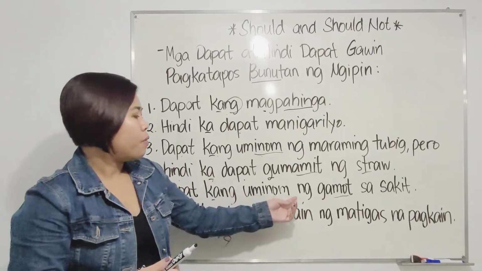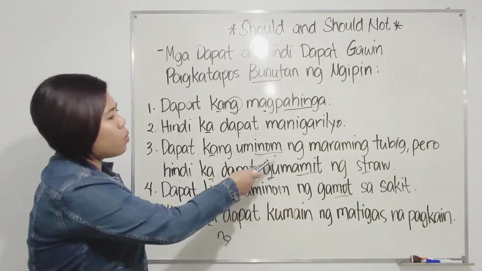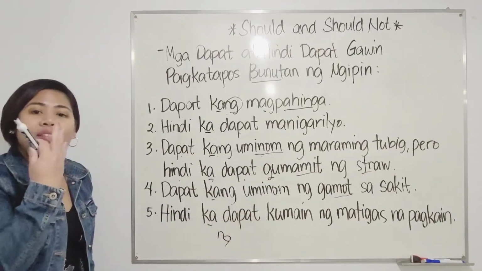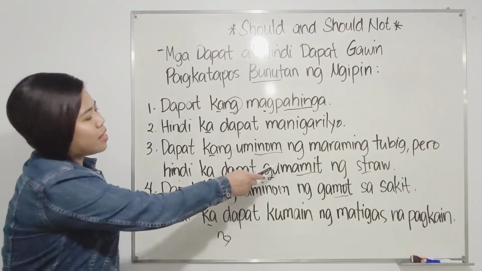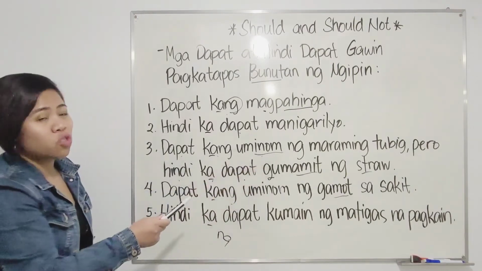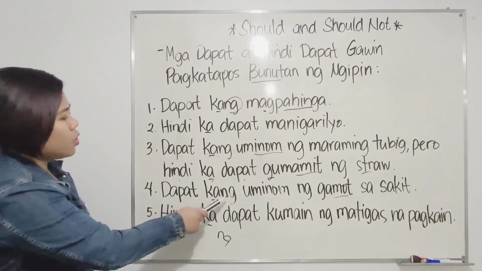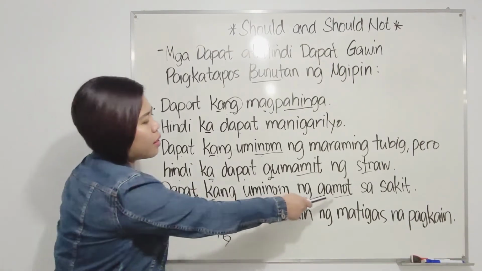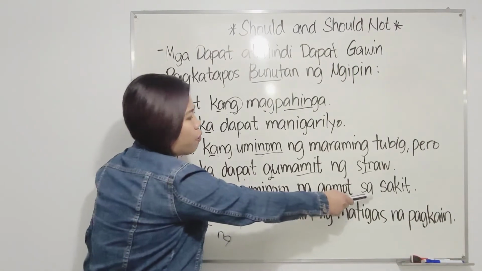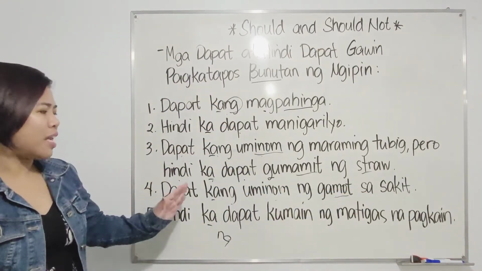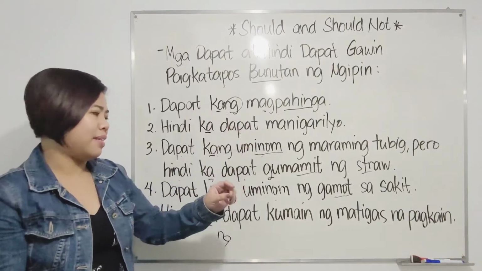But in Tagalog, we use uminom for drinking, and we also use inom for taking a medicine. So this verb uminom here means drink. This one is take, medicine. So you should take medicine for the pain. Sakit is pain. So you should take a medicine for the pain.